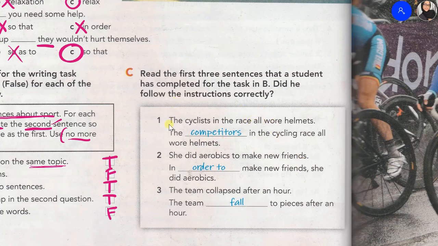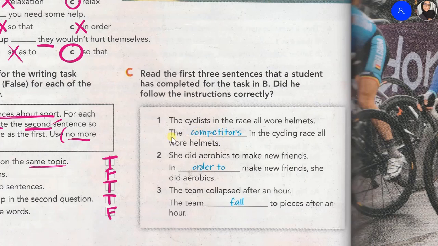Okay, let's read the first original sentence. The cyclists in the race all wore helmets. Okay, so this is the transformed sentence. The competitors in the cycling race all wore helmets. So is this sentence correct? Does this mean the same as the first one? The cyclists in the race all wore helmets. So the cyclist is considered as the competitors. Kan? Betul lah tu.